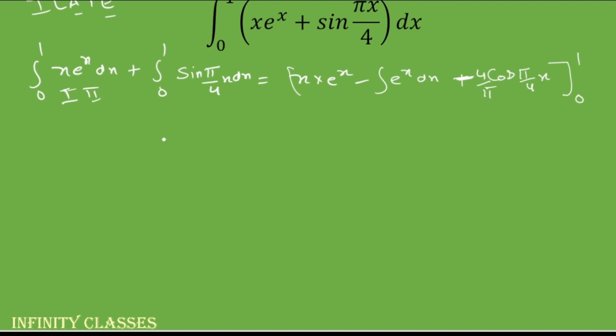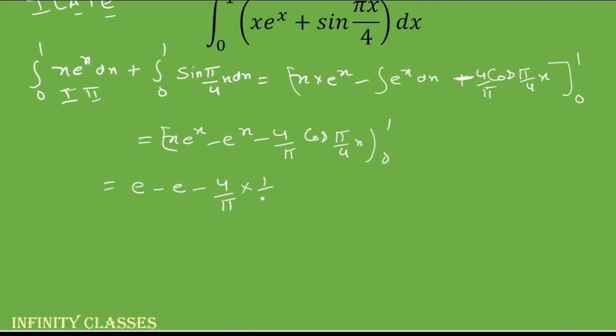Now this one is x e^x minus integration of e^x minus 4 upon pi cos pi by 4 x, 0 to 1. So this is upper limit. Here is 1, e^0, sorry 1, and here is 1. First upper limit: x is 1, e^x is e, and minus 4 upon pi, and cos pi by 4, because when we put 1 it is pi by 4, and cos pi by 4 is 1 upon root 2.